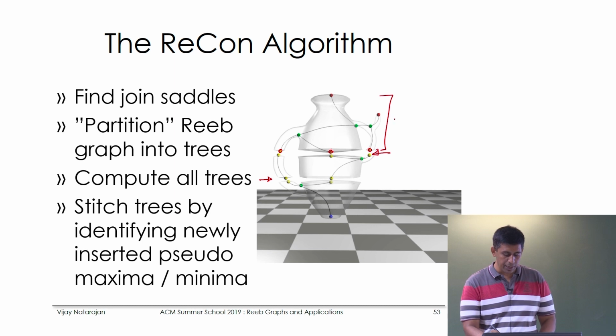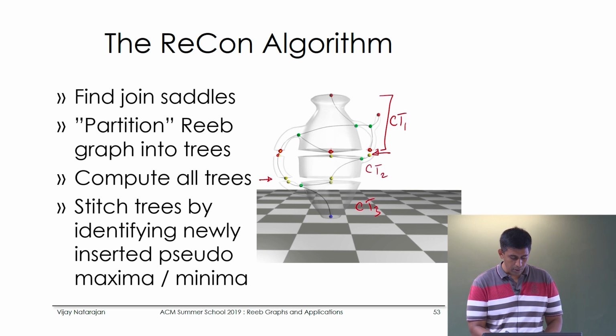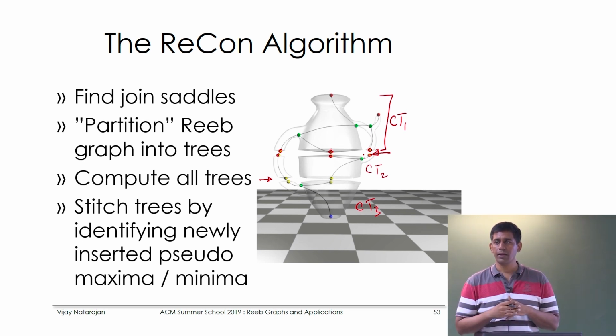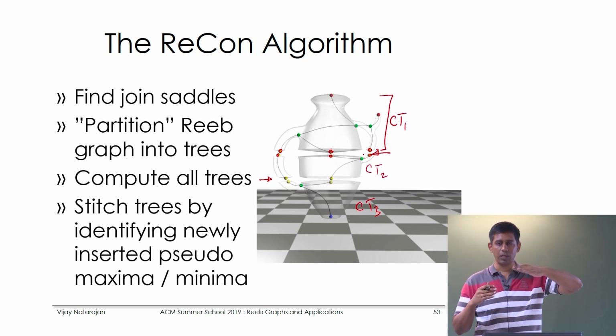So I compute CT1, contour tree 1, and I compute contour tree 2, contour tree 3. Contour tree 2 has similarly some yellow maxima due to the partition. Does that make sense? You are creating artificially a boundary, which means that there will be a global maximum there.